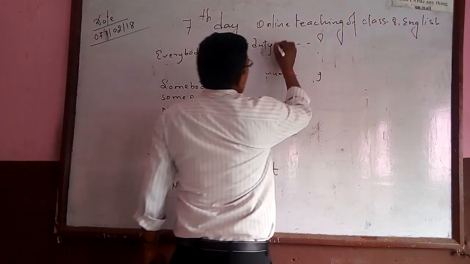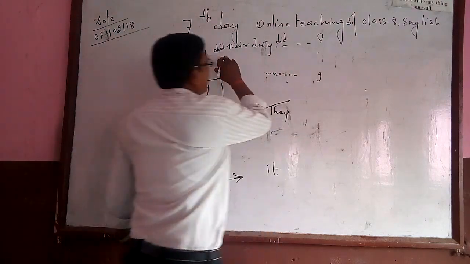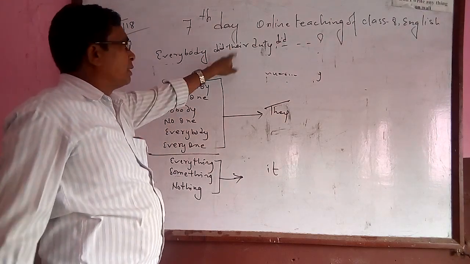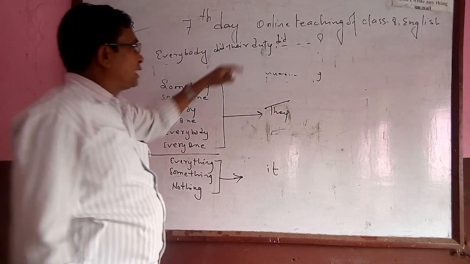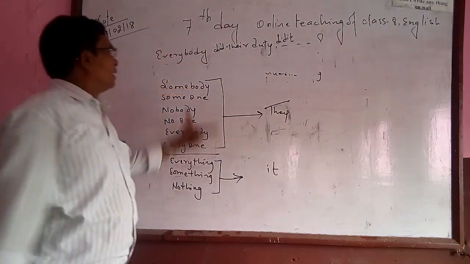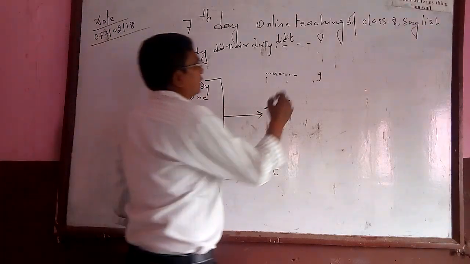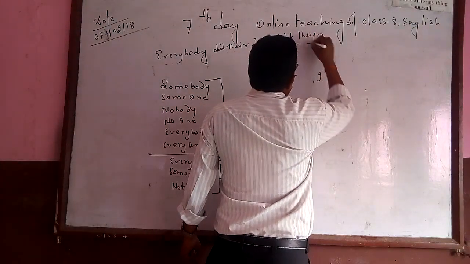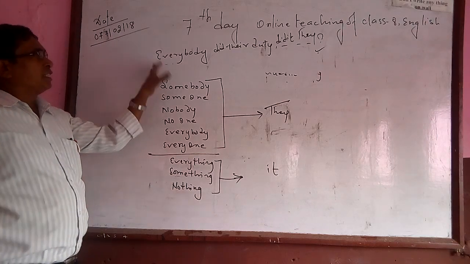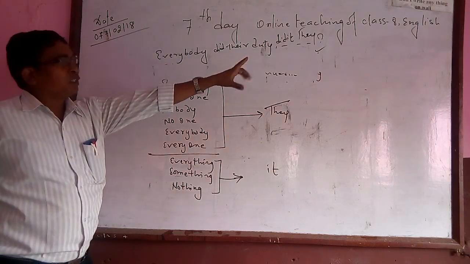So here you should write did. Is here not or not? Then you see there is no not. I mean the statement is not in negative, it is in positive. So with did you can add not. Didn't, and after that the pronoun of everybody will be they. So this is the right answer. I mean the right question tag for the sentence everybody did their duty will be didn't they.